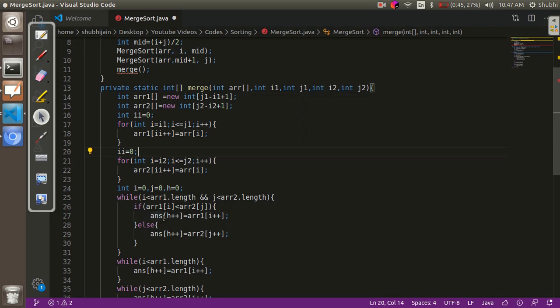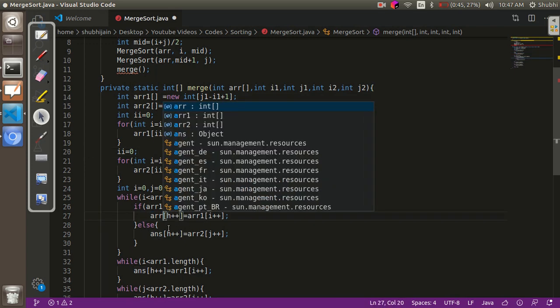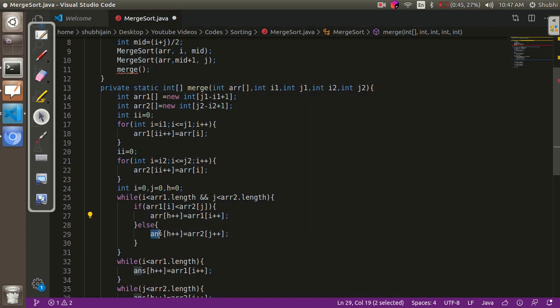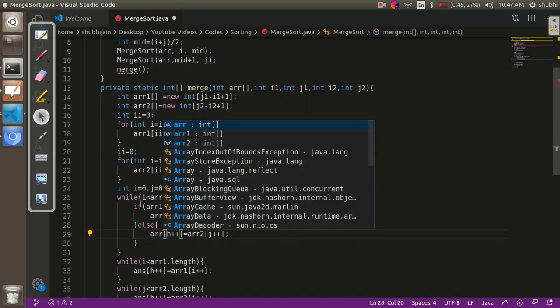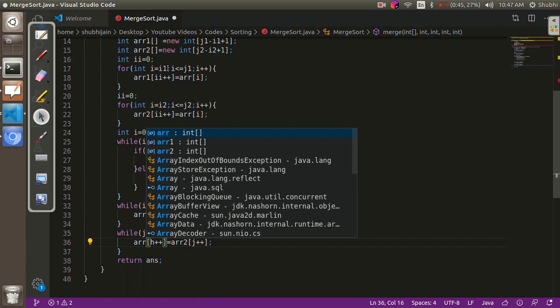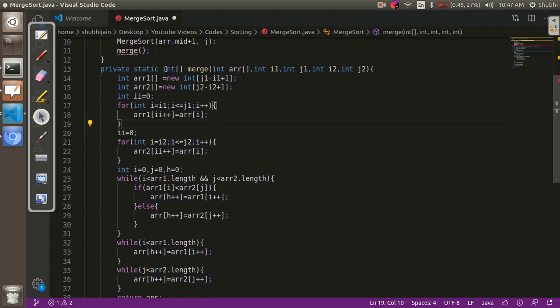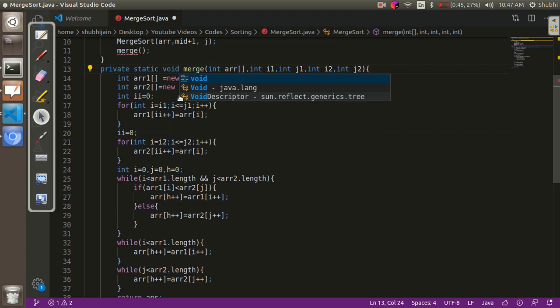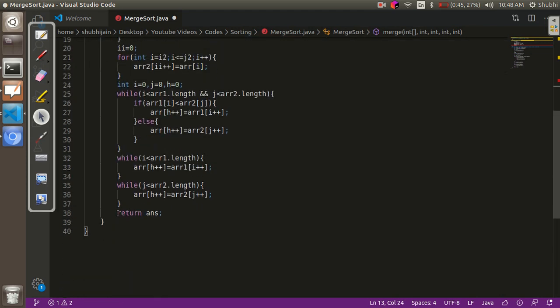Now instead of answer, I need my main array. And as we are doing the changes in the array itself, we don't need any return type.